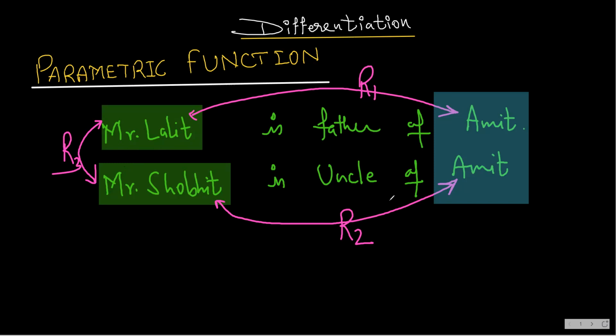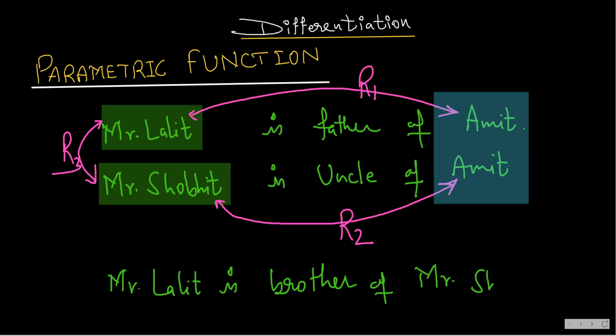Amongst these two relations, I notice a common parameter. When I remove that common parameter, I will get the relation between Mr. Lalit and Shobhit. So here I can write Mr. Lalit is brother of Mr. Shobhit.